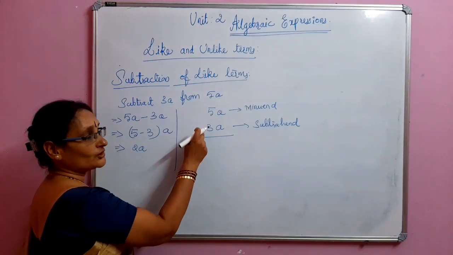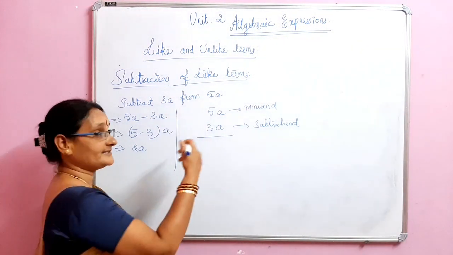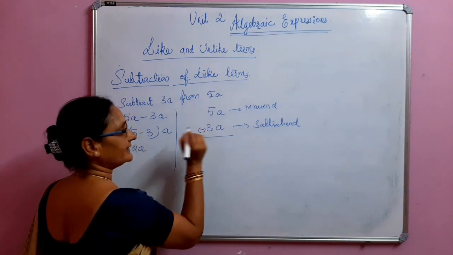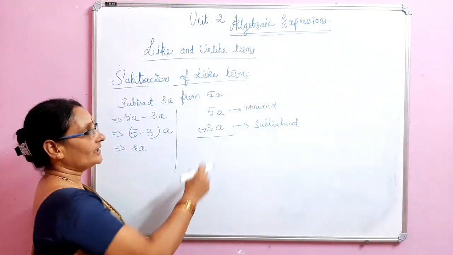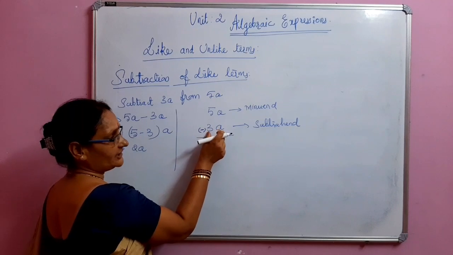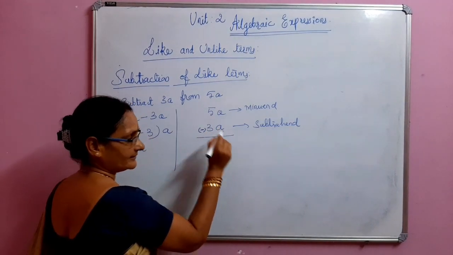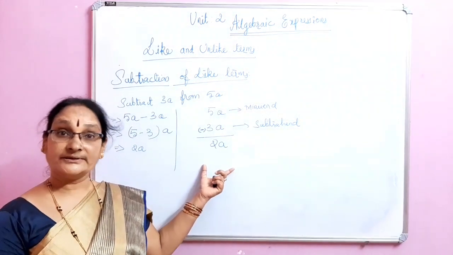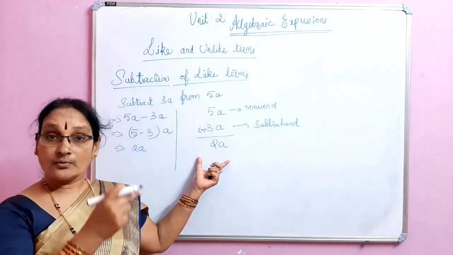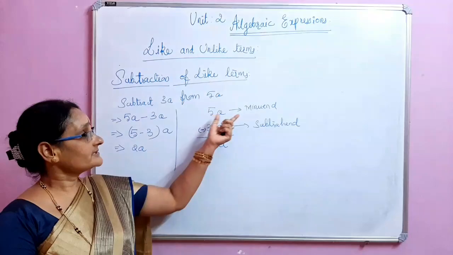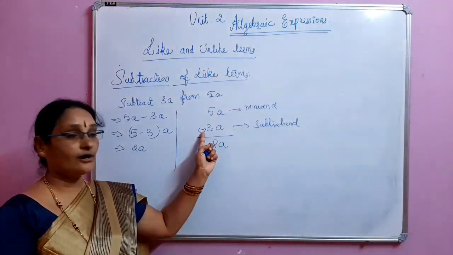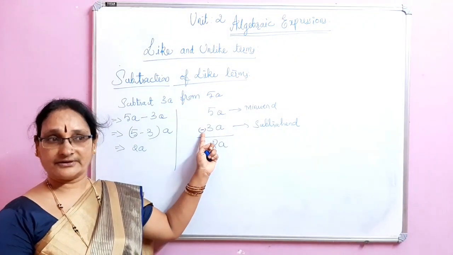Here if there is no sign, it is understood that there is plus sign. So we have to make it minus sign. Okay. Now 5a minus 3a is 2a. This is subtraction by vertical method. See, this is minuend, this is subtrahend. You have to change the sign of subtrahend.